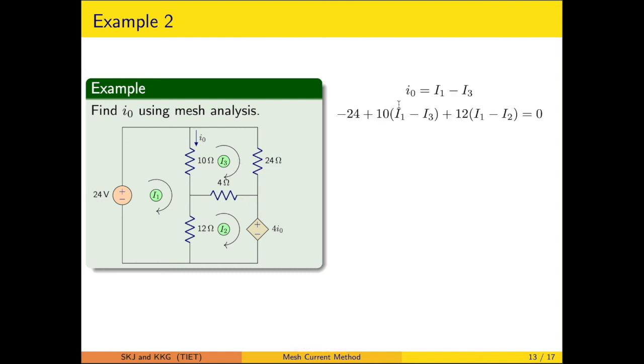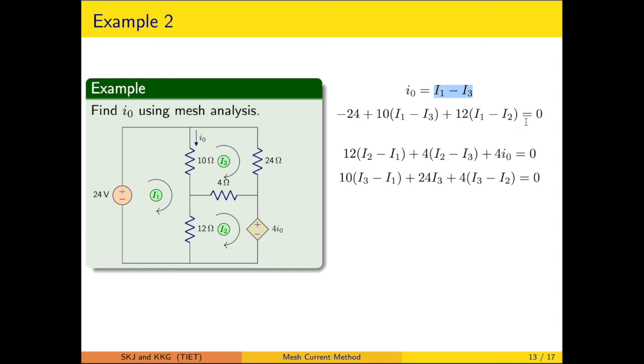So you will write the equations: minus 24 plus 10 I1 minus I3 plus 12 I1 minus I2 is equal to 0. In a similar way, you will be able to write the other equations. Although this is a controlled or dependent source, there is nothing to take care of except that we have to relate this value with the mesh currents.